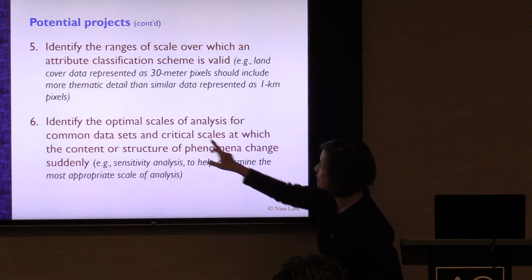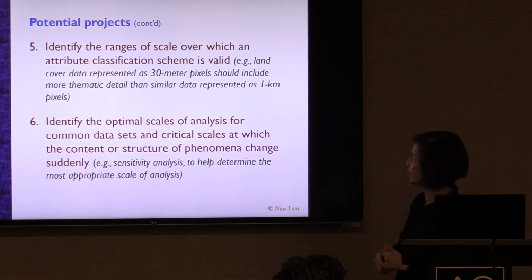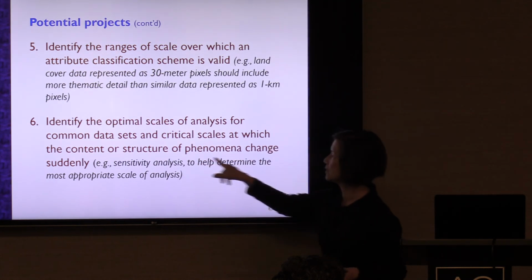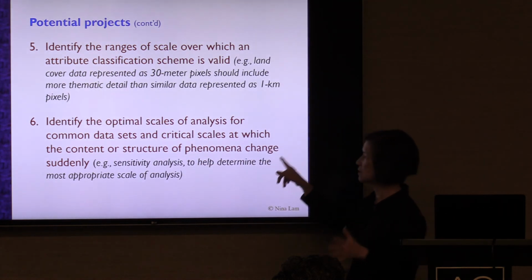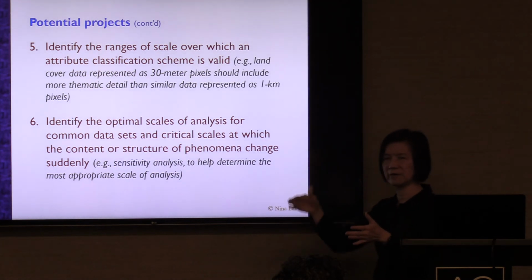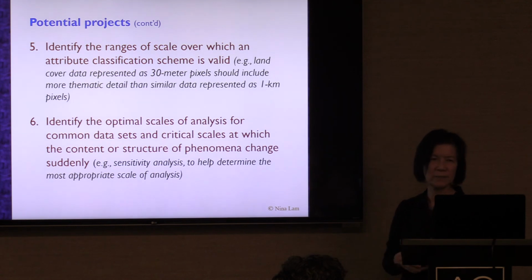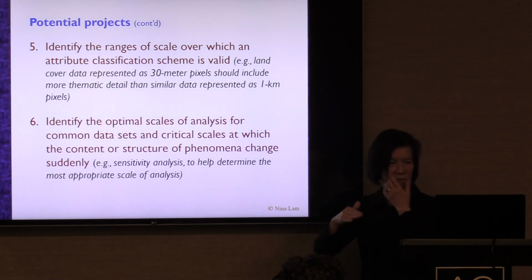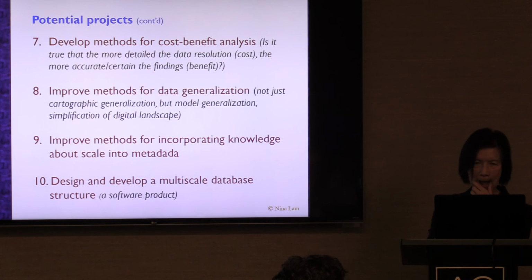Then another potential project: identify the optimum scales of analysis for common data sets and the critical scales at which the content or structure change. Can we use fractals to look at the linearity, or can we use variograms or any other thing that can show the abrupt change of scale?